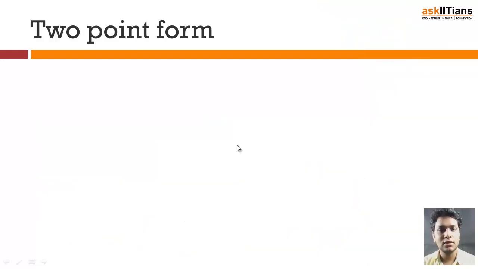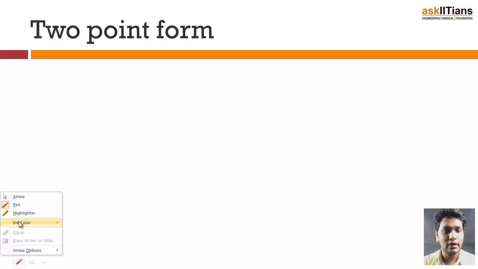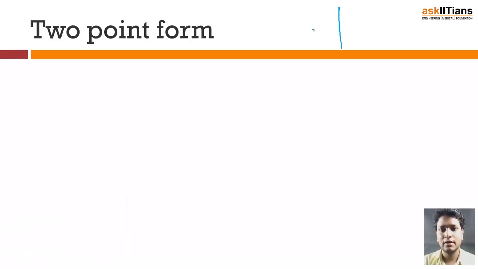So let us see the other format, the 2-point form. Let us apply our mind and consider what we can do to find the equation of a line in this format. Again, we have a coordinate axis and 2 points P (x1, y1) and Q (x2, y2).